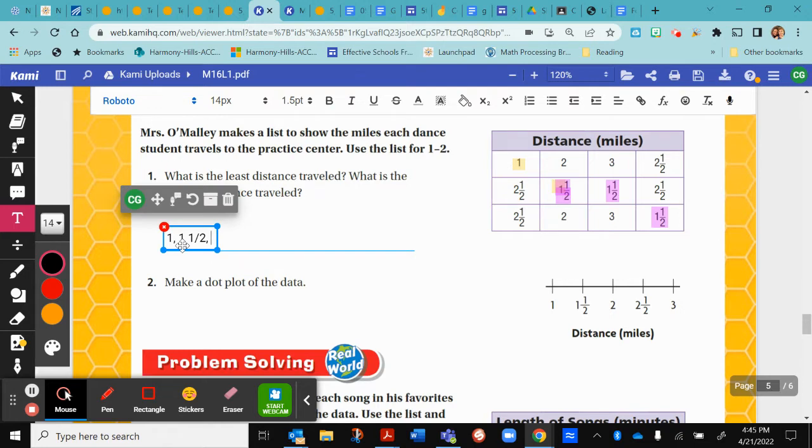So I'm just going to do it this way: 1 and 1/2, and I'm going to do it 3 times, 1 and 1/2. If you're writing it, see how confusing it can be? I would prefer you doing it horizontal rather than a slant. That's your choice. Just be careful.